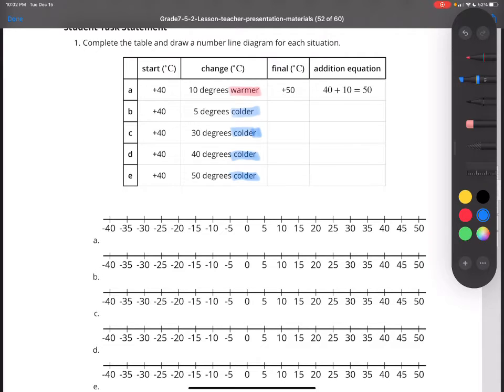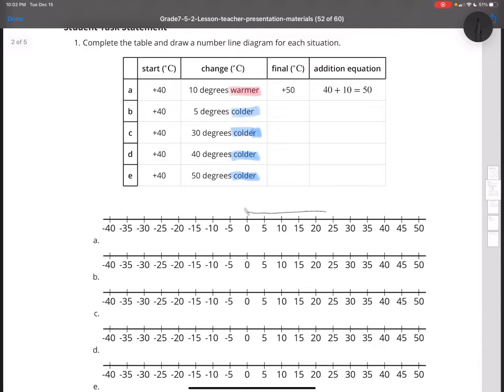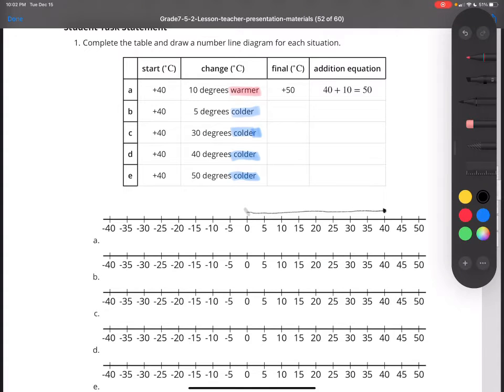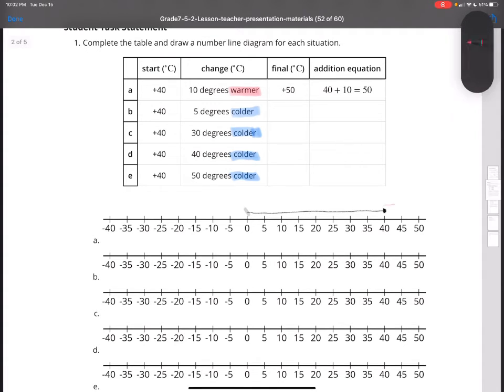So let's get started. For A, we're starting off at 40, so I'm going to do 40 in black. So we're going to start off at 0, and let me get my pencil. We go all the way to 40. Okay? And then it got 10 degrees warmer.